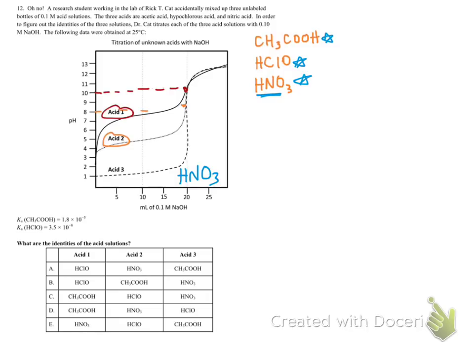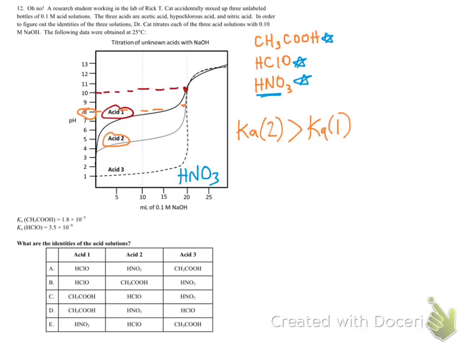So, okay. We can see that acid 2, the pH is more acidic at the equivalence point than it is for acid 1. Well, since the pH is lower for acid 2, that must mean that acid 2 is a stronger acid than acid 1. So, since the strength, that means the Ka of acid 2 is greater than the Ka of acid 1.